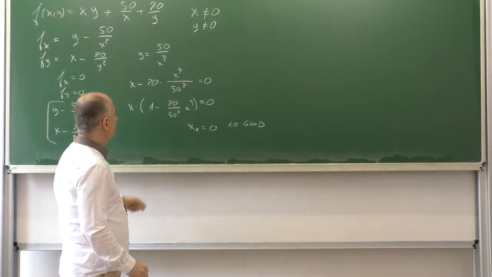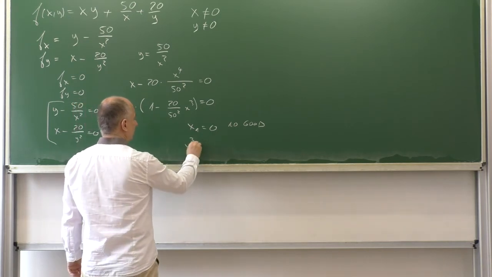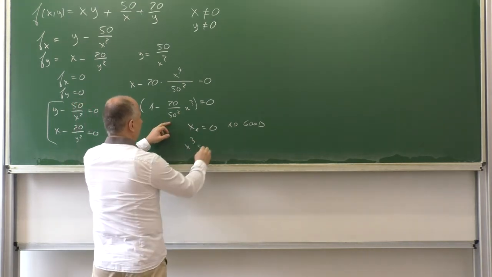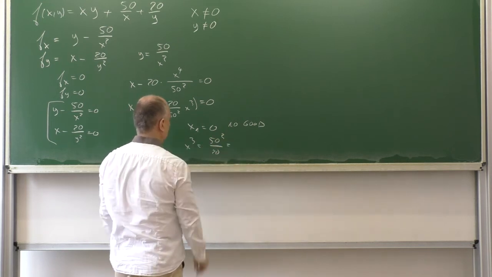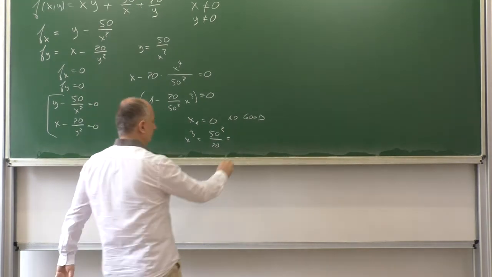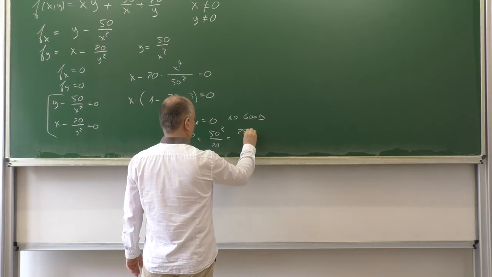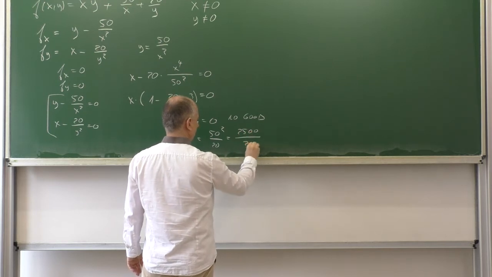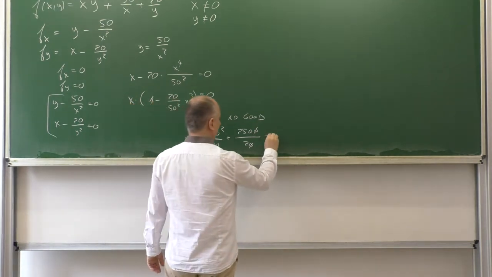And if this bracket is 0, then x cubed must be 50 squared over 20, which is 2500 divided by 20, 125.